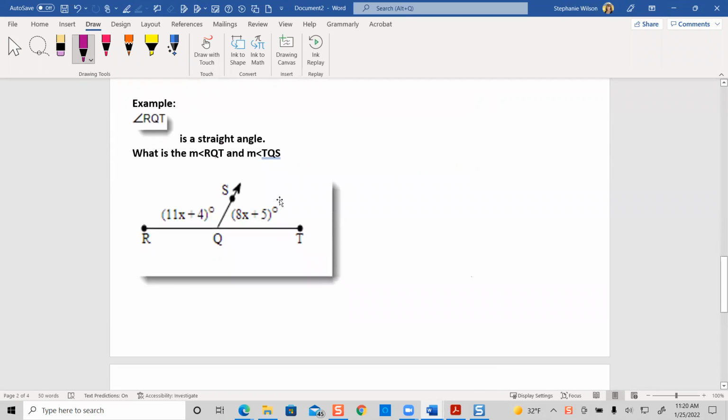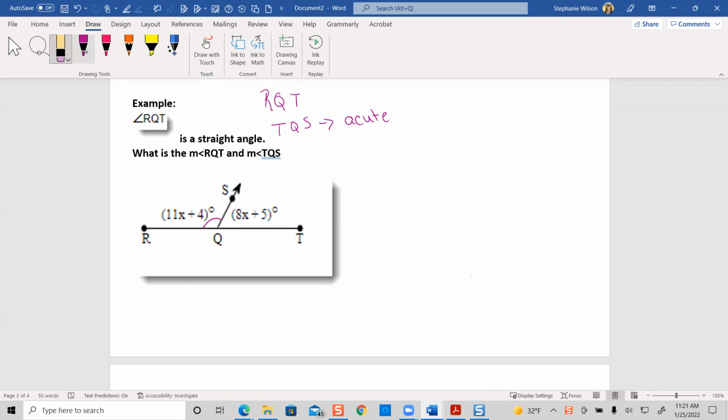So let's work out an example. In this example, what I want to do is find the measurements of RQS and TQS. And when we find that, we'll be able to state what the degrees are. However, just looking at this picture, I notice TQS is an acute angle. It's less than 90 degrees, but more than 0 degrees.